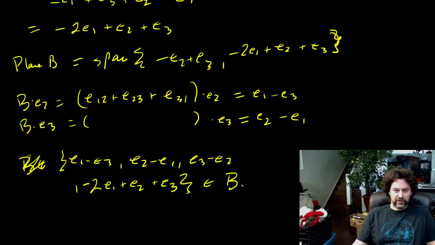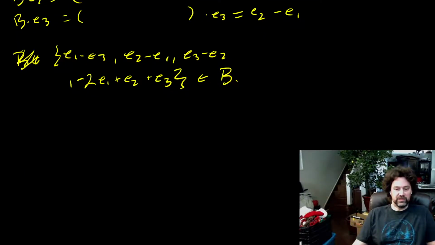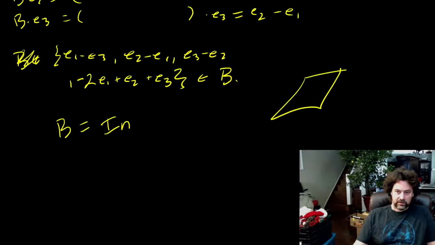There's quite a wide variability here in terms of the vectors that we found. We can make a little bit more sense of that if we look at B in terms of its normal. So if we write B in terms of some n normal to B, there's going to be some n in R3.